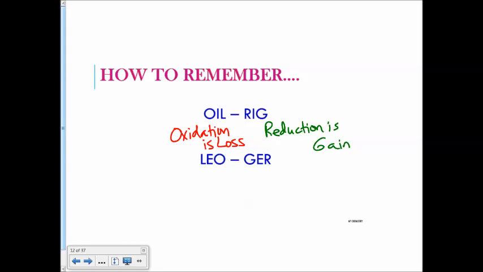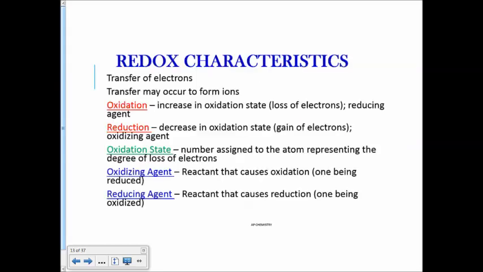So some other key words before we get to balancing and such. Redox characteristics: we transfer electrons, and transfer may occur to form ions. Oxidation is an increase in oxidation state or loss of electrons. Reduction is a decrease in oxidation state, which means gaining electrons. The oxidation state is just a number assigned to the atom representing the degree of loss of electrons.